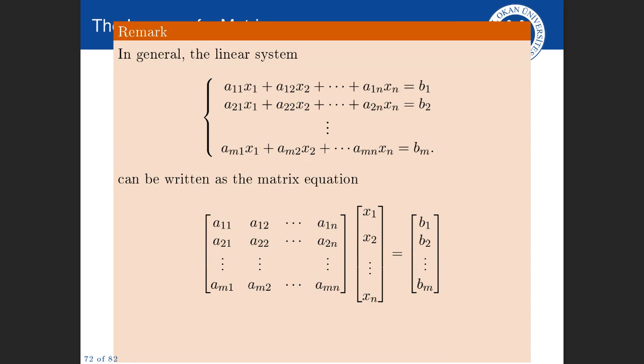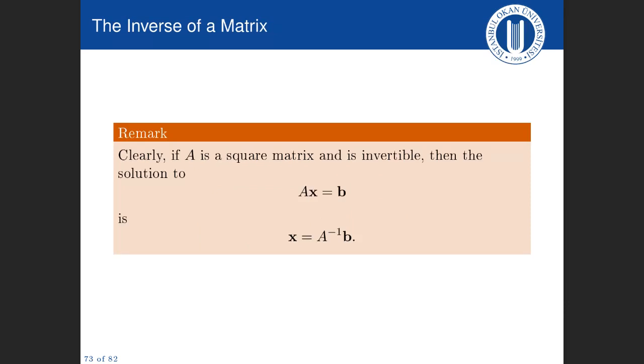Or as an even neater, shorter way of writing this, we could just write this linear system as capital A, bold X is equal to bold B. Now, clearly, if A is a square matrix and if A is invertible, then the solution to AX equal to B is X is equal to A inverse B. Just as we did before, multiply both sides on the left by A inverse.